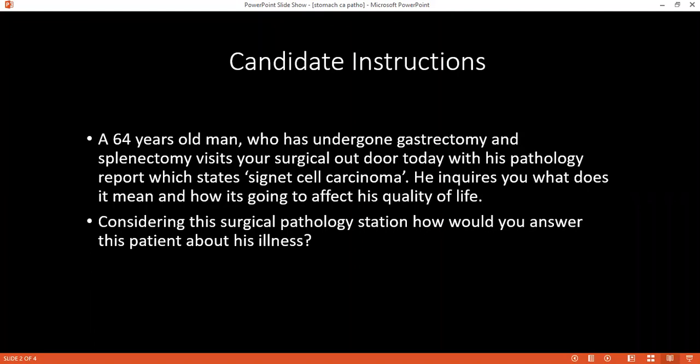Right. So if you have read and understood, considering it's a surgical pathology patient, kindly tell me how you would address the issue to the patient? I will tell this patient that it's a highly malignant carcinoma, and the patient would not understand malignant. What is malignant?